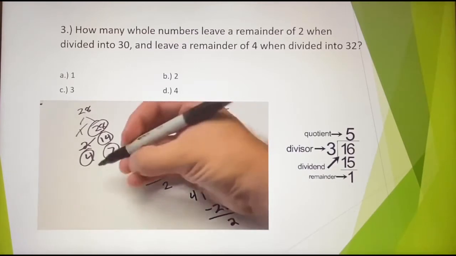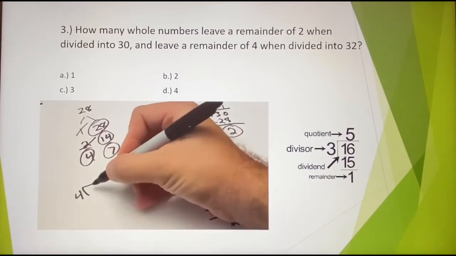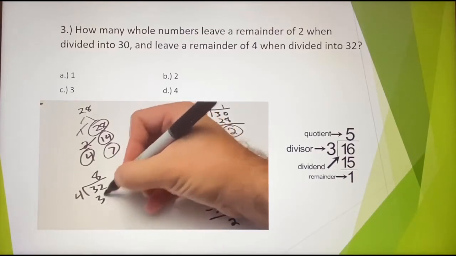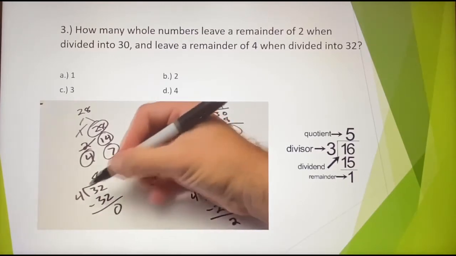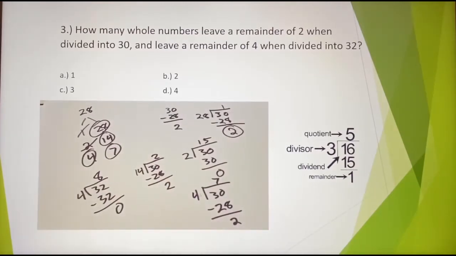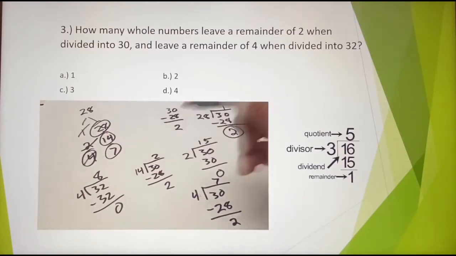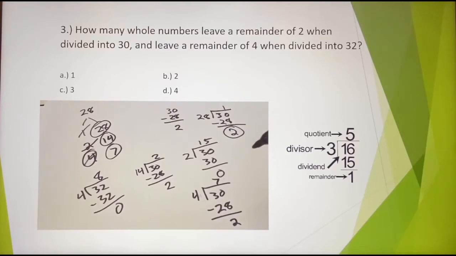So if we tried 4 into 32, it goes 8 times, right? With a remainder of 0, since 4 is a factor of 32. So we can eliminate the 4. 7 is not a factor of 32. 14 is not a factor of 32. 28 is not a factor of 32.